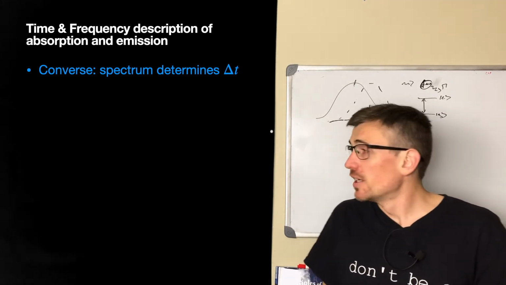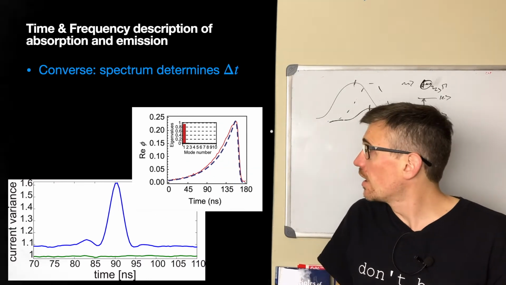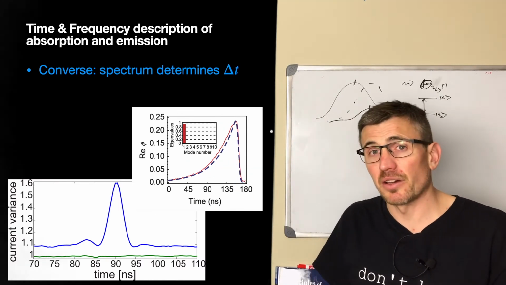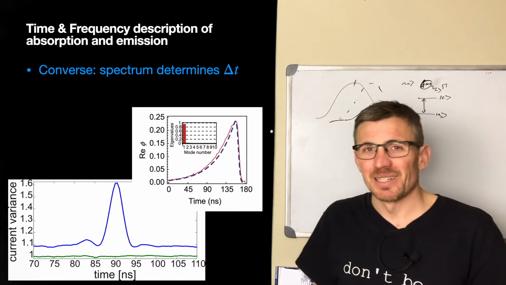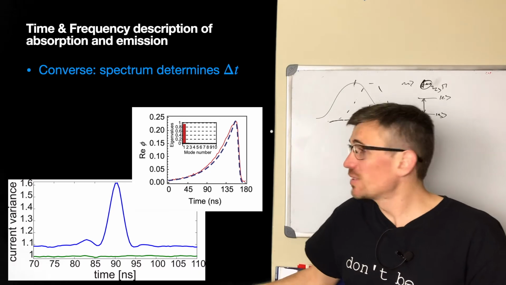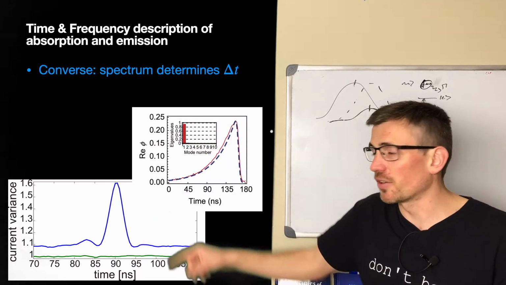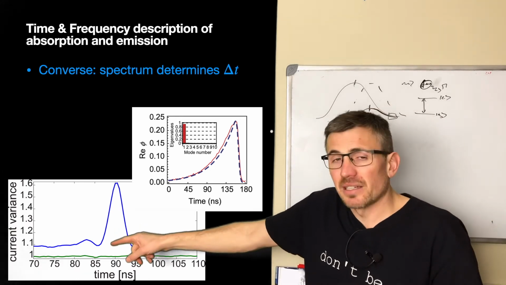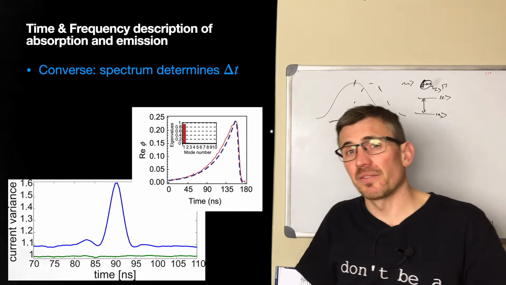And this has been done. So here's a couple of pictures of that. These are pictures of light, of a single photon emitted by a cloud of atoms, one photon at a time. This is actually a picture from my PhD thesis back in the olden days. But what we did is we had photons that were detected one photon at a time. We took a bunch of statistics and looked at the different arrival times and kind of made a histogram of the shape of the photon, the temporal shape of that light that's emitted.